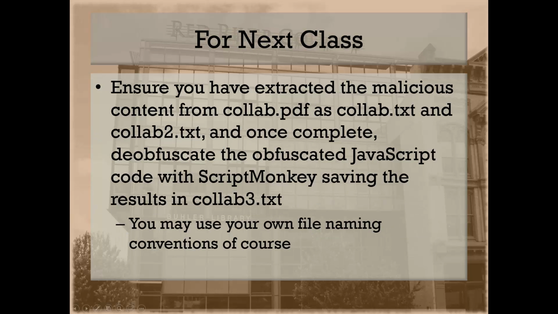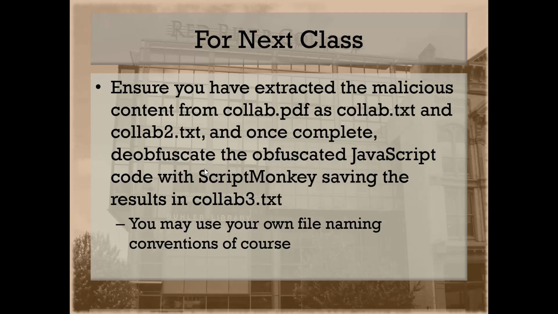Okay. I'm going to give you the rest of today to get ready for our class for tomorrow. For the next class, I want you to make sure that you have analyzed the contents of collab.pdf, extracted the important bits as collab.txt, and produced another one called collab2.txt, showing me that you've used the two different tools for extracting the interesting object 13 code out to a text file.